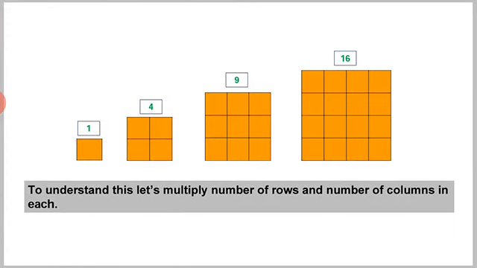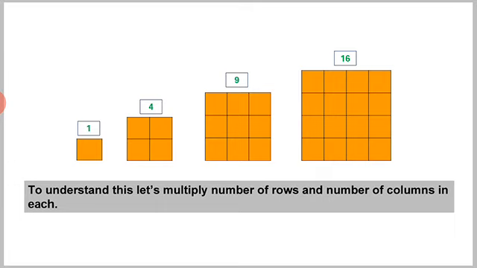In the first square, there is only one column and one row. In the second, there are 2 columns and 2 rows, and there are a total of 4 small boxes in the square.